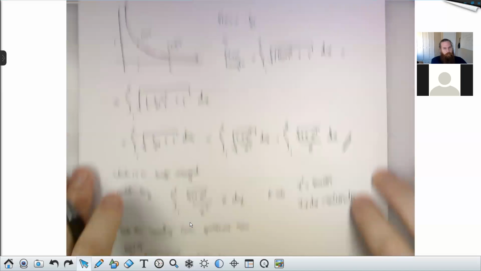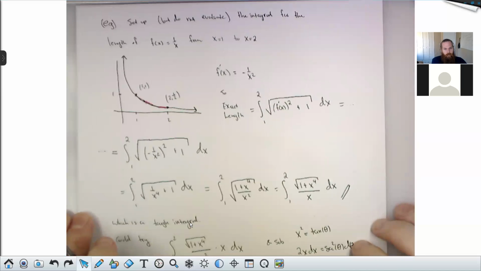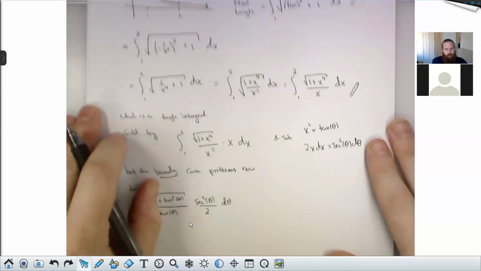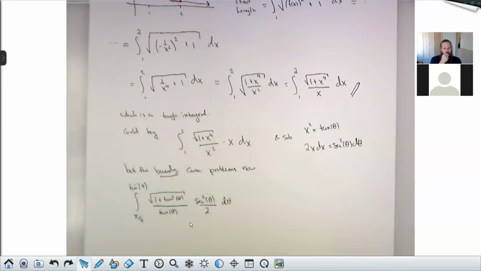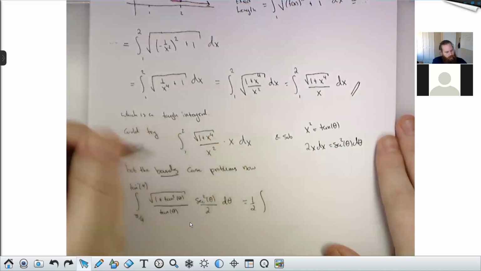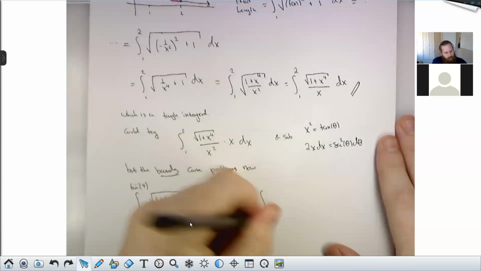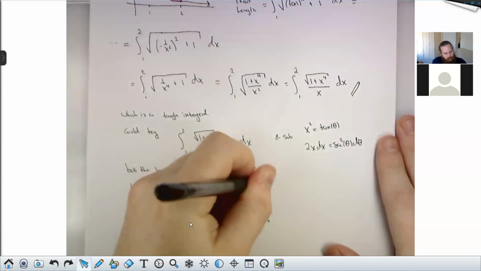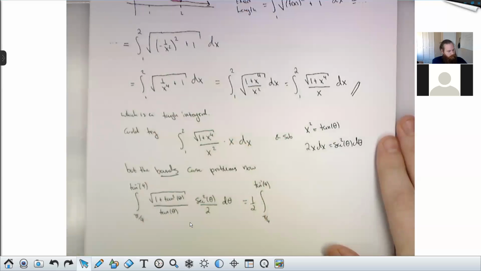They say set up, but do not evaluate. And then just for fun, I'm seeing if we can evaluate it. That's going to be a secant. So you have secant cubed, 1/2 secant cubed, because this is going to be secant squared, the square root of which is secant.